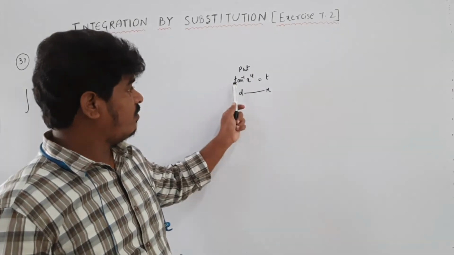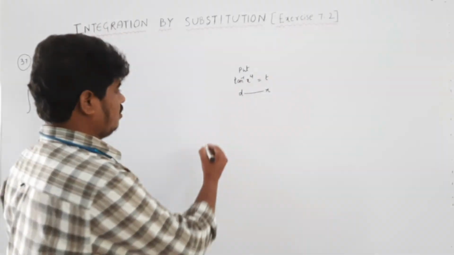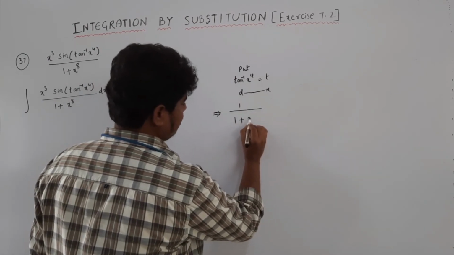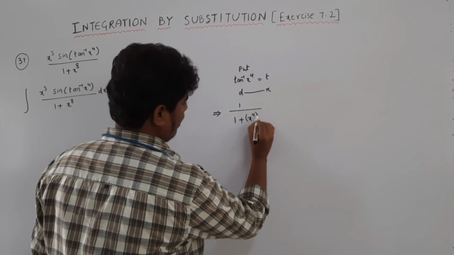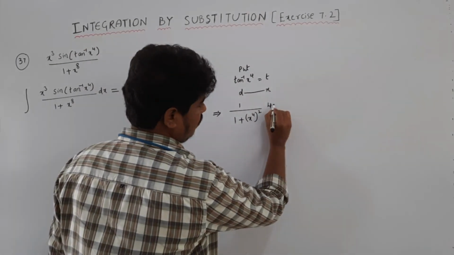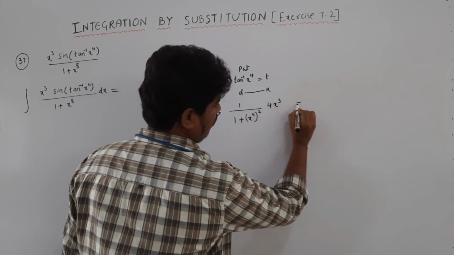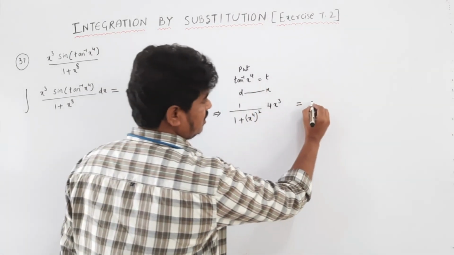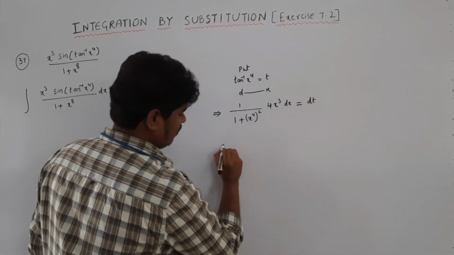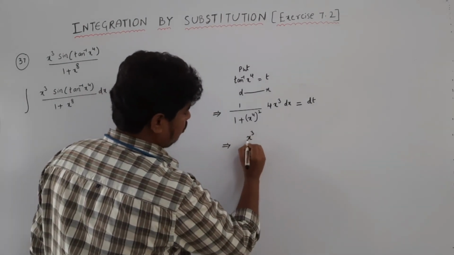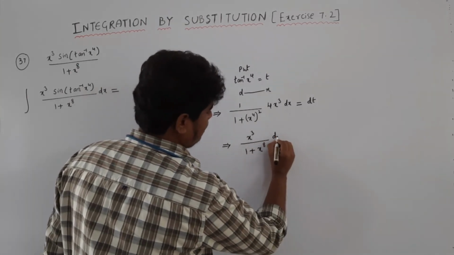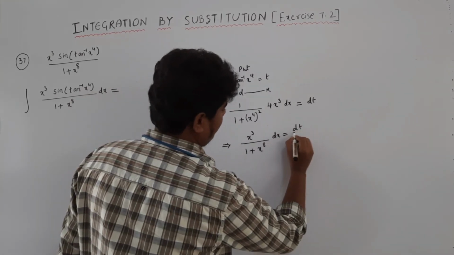What is the derivative of tan inverse of x to the power of 4? 1 divided by 1 plus x to the power of 4 whole square into the derivative of x to the power of 4, what is that? 4x cube, is equal to the derivative of t, which is dt by dx. I am taking dx here. So finally I write x cube divided by 1 plus x to the power of 8 dx is equal to dt by 4.